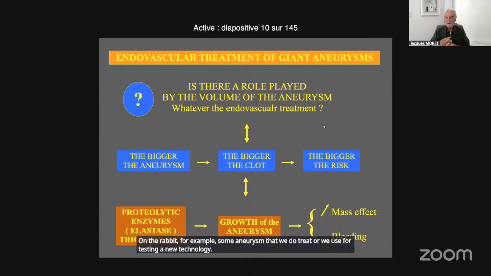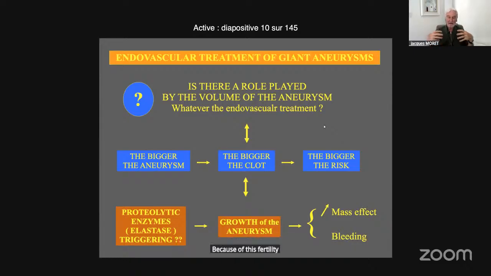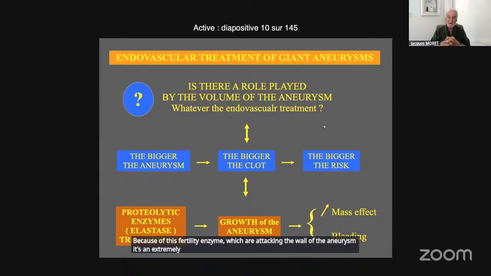Because of these proteolytic enzymes, which attack the wall of the aneurysm, it's an extremely risky factor, and the quantity of those enzymes released according to the thrombotic process depends on the size and volume of the clot that you induce.